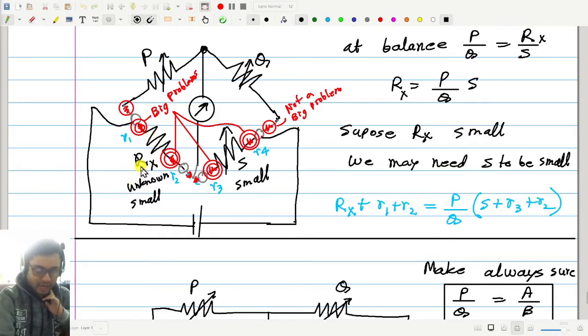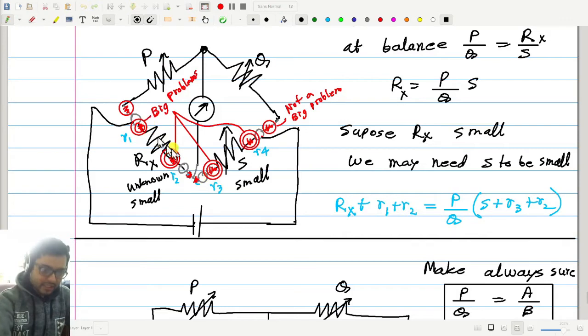Not only this R, to measure R, we may also need another low value standard known resistance that will also have this junction resistance problem, and that may jeopardize our measurement completely.